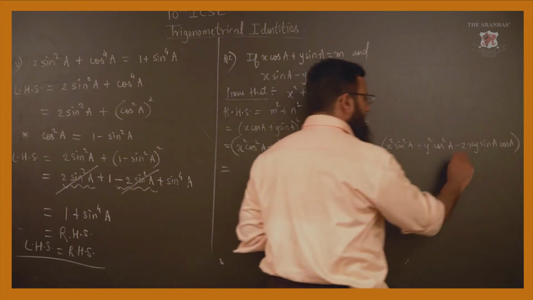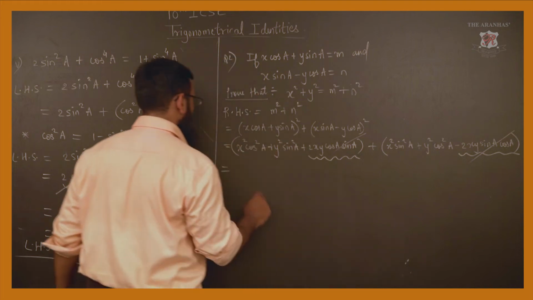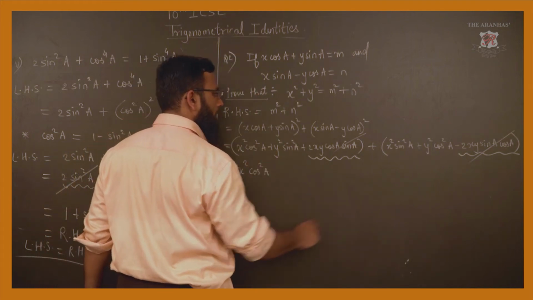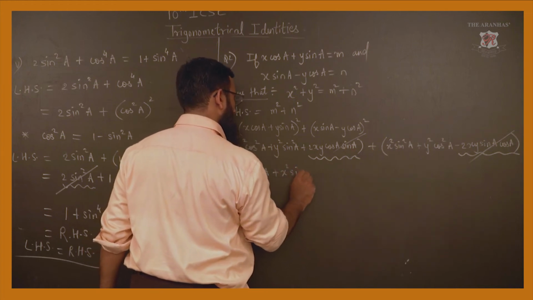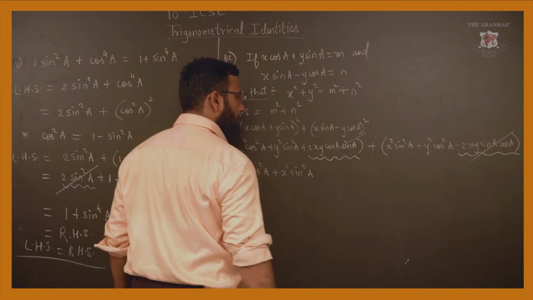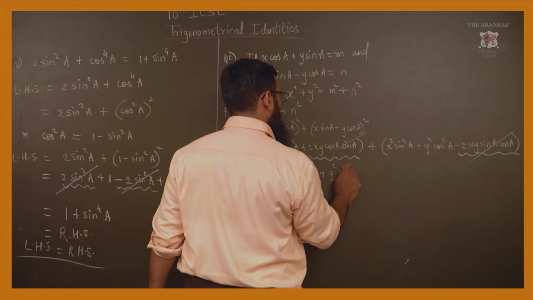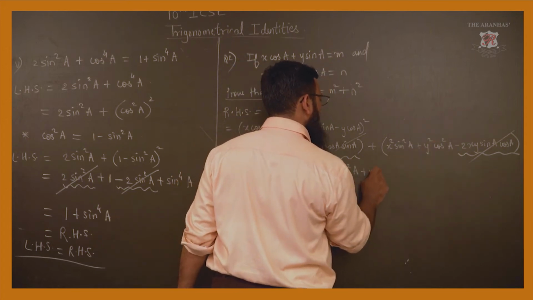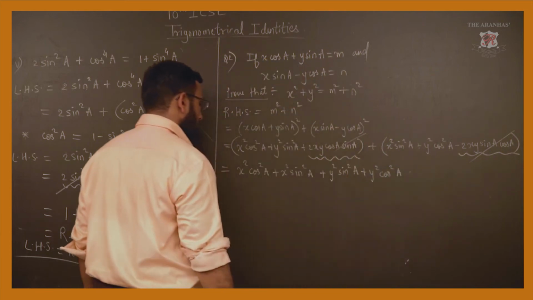So, I will highlight that. So, these two terms get cancelled and what remains with us is x square cos square A, and here we have x square sin square A. Then here we have y square sin square A and y square cos square A.